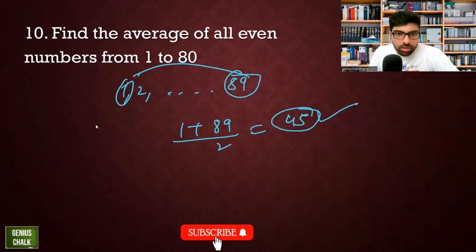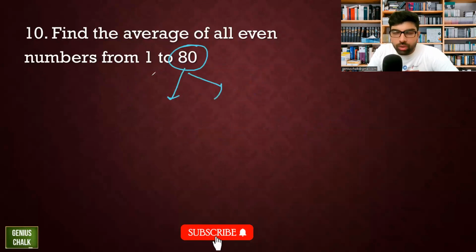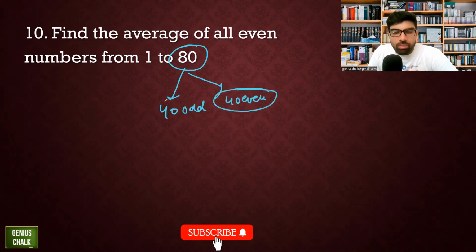Average of all even numbers from 1 to 80. You see, it is ending with an even number. That means in 1 to 80, there must be 40 odd numbers and 40 even numbers. So remember, please write it for odd numbers, the average will be n. Why so?